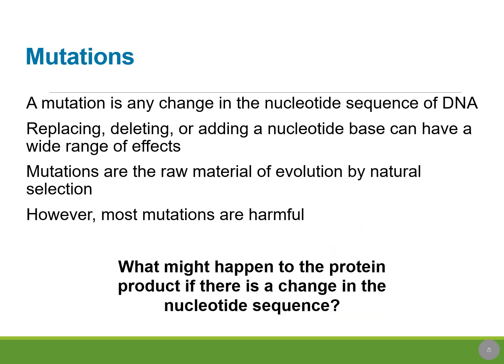A mutation is any change in the nucleotide sequence of DNA. So this could be replacing or adding a nucleotide base, which can have a huge range of effects on a DNA sequence. Mutations can happen naturally over the course of natural selection. So for example, when we don't have necessarily a good way to explain what occurred, like dogs that have no hair and dogs that have hair, a common example we use for that is that there had to have been a mutation over the course of time that made that happen.